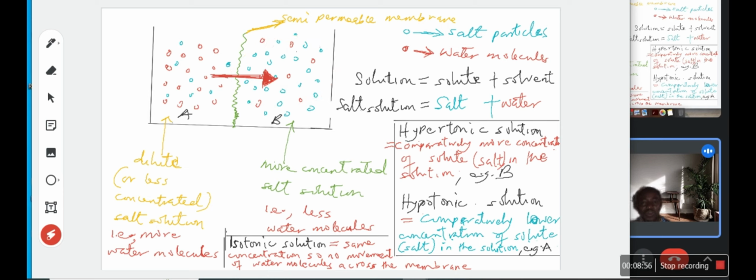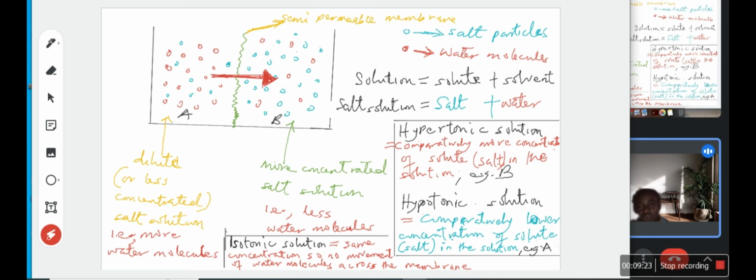So which direction will the water be going? Will it be going from the right to the left? The potato chip has fewer salt particles. The solution has more salt particles.